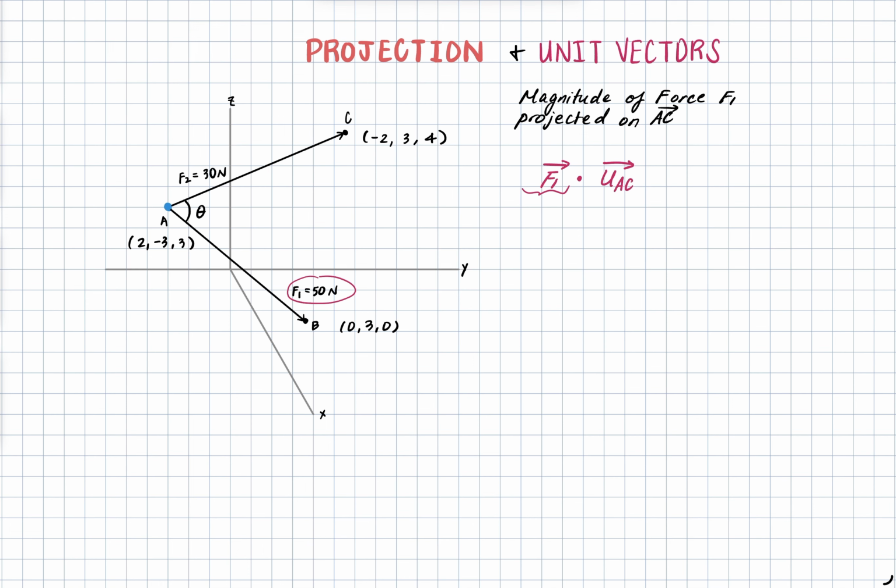To get the vector F1, we multiply the magnitude times the unit vector from A to B, because F1 starts at A and ends at B, this point right here.